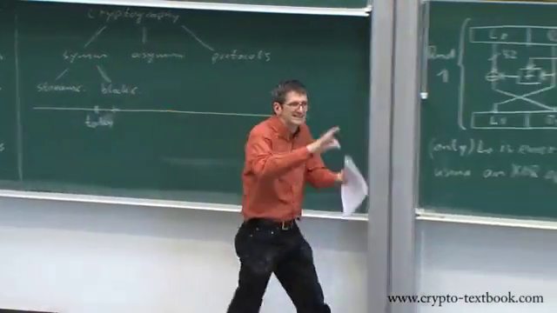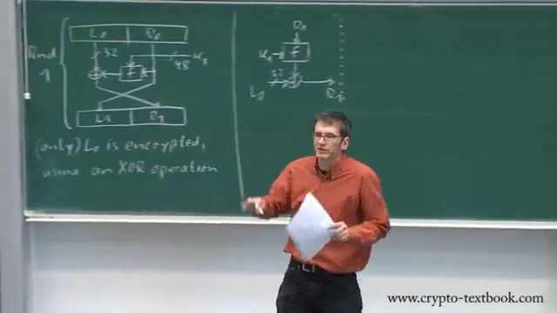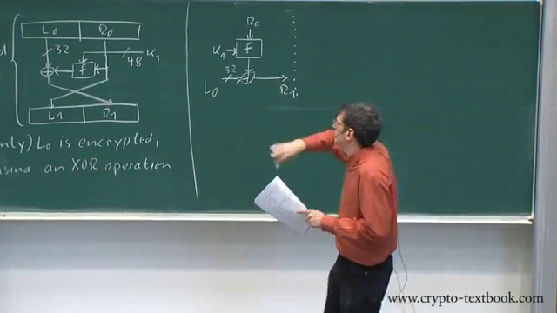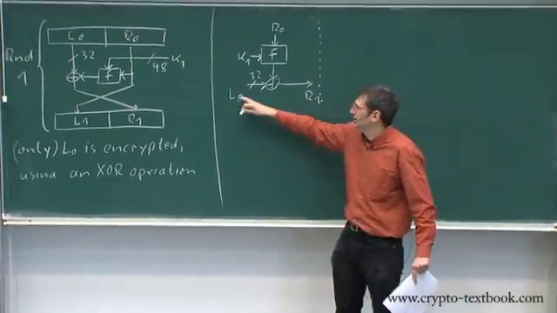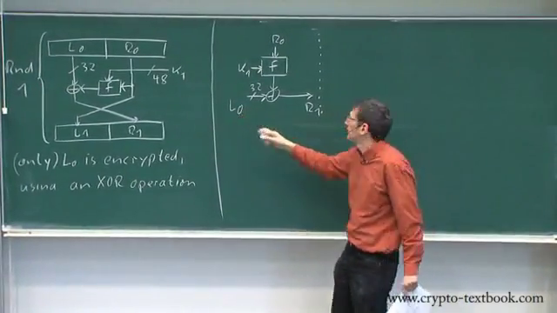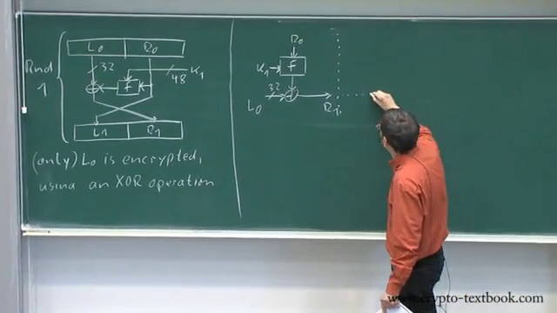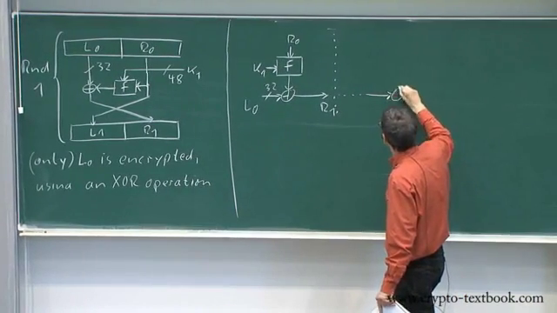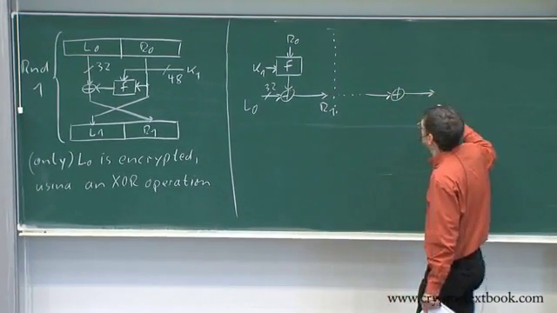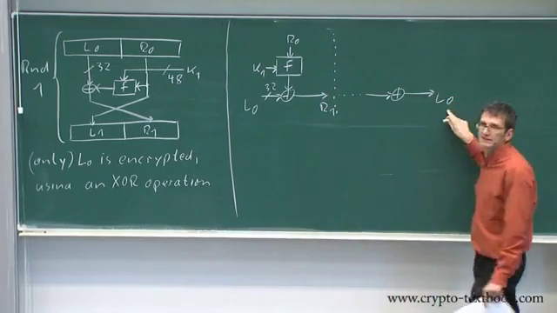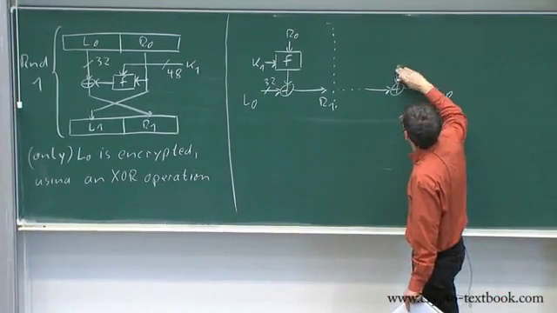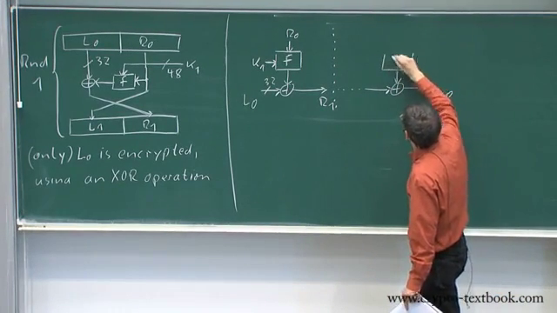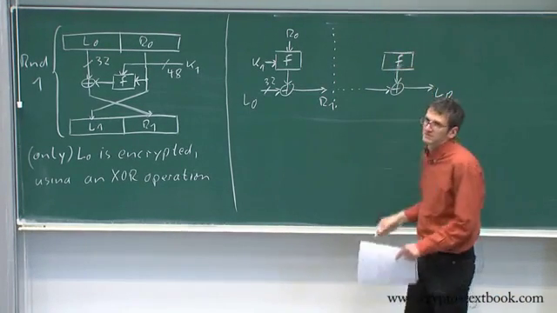That means at some point, and we don't know the details because this is the beginning of the Feistel network, if you want to recover L0, we have to do the following, and that's pretty much the only thing you can do here. In order to get L0 out again, at some point later on in the decryption algorithm, you have to take the same F function.